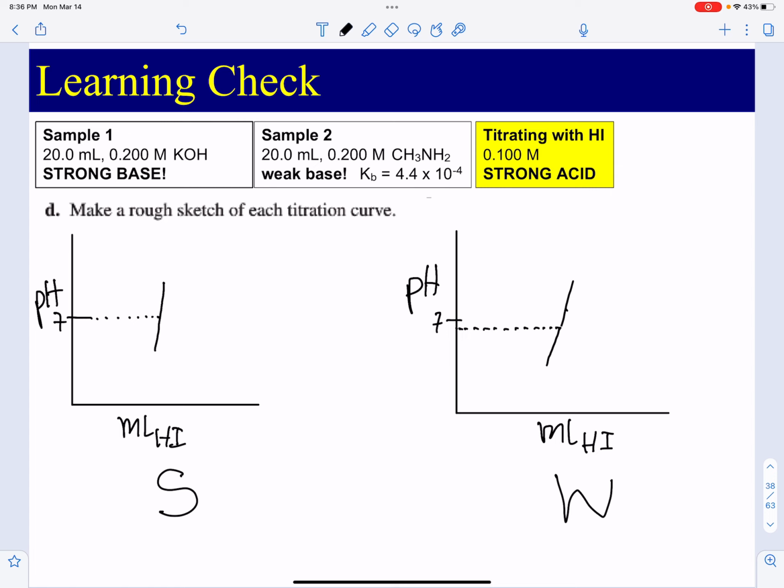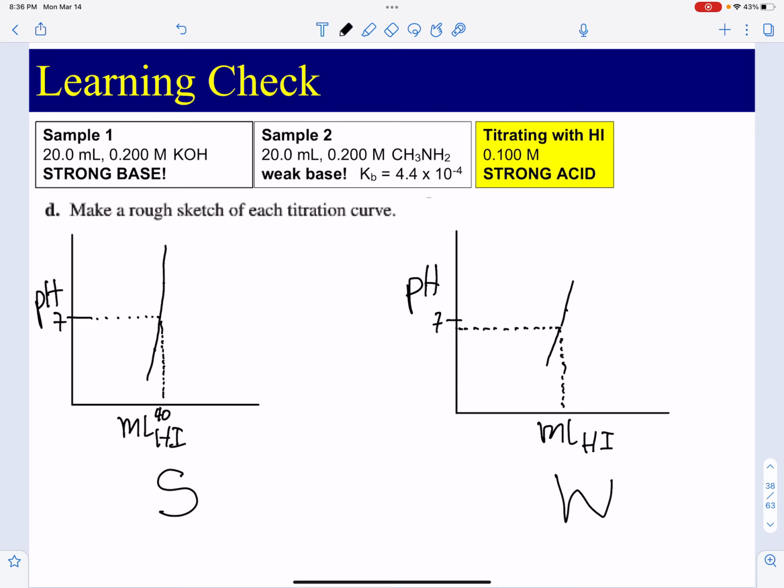Something important to remember is that the strong acid is going to experience a bigger change. So let's do that in there. So this change is going to be bigger than the one for the weak acid, for the weak base, sorry. So we also know that right there is going to be equal to 40 milliliters, because that's what we calculated on the first problem, right?